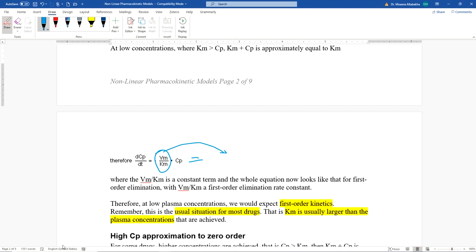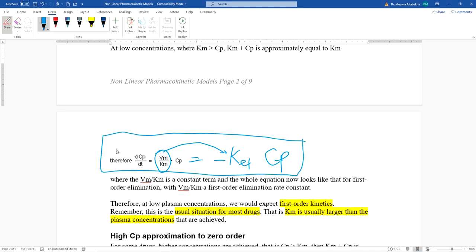So we have negative KEL, where KEL represents Vm over Km, multiplied by Cp. Here we see first order kinetics with a one compartment model. Is that clear? So at low concentrations we have first order kinetics, as you can see.